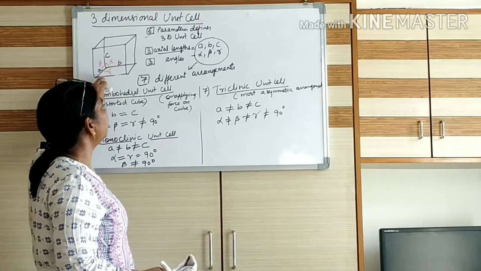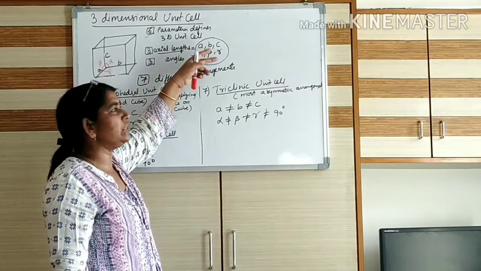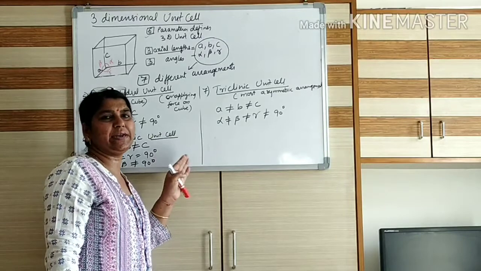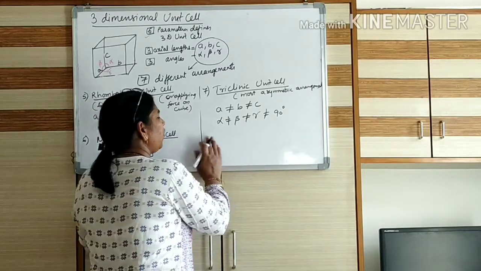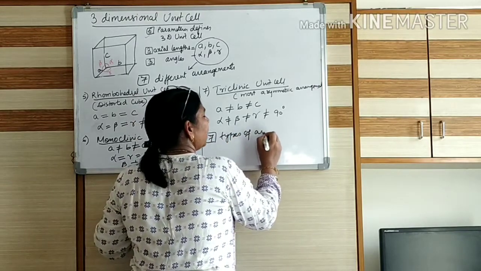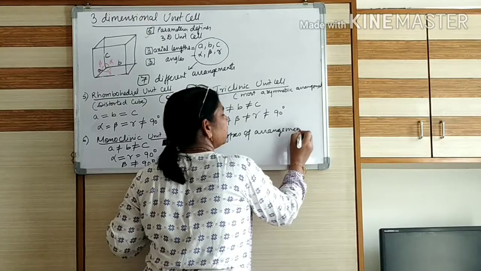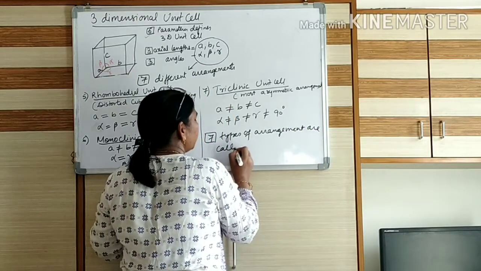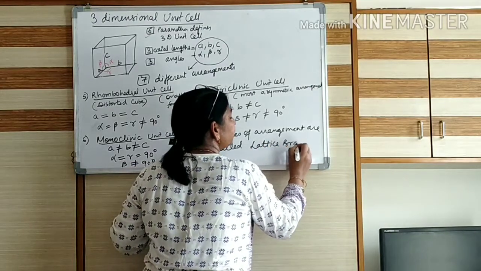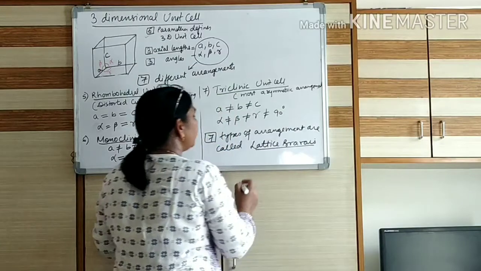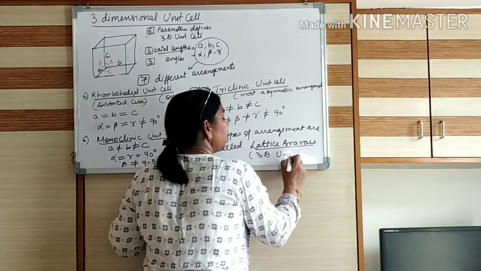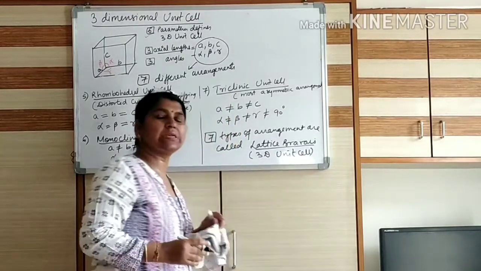If we bring changes in the arrangement of these 6, we can have these 7 types of different arrangements, and these 7 types of arrangements are called Bravais lattices, 3-dimensional Bravais lattices in 3D unit cell. Is it clear to everybody?